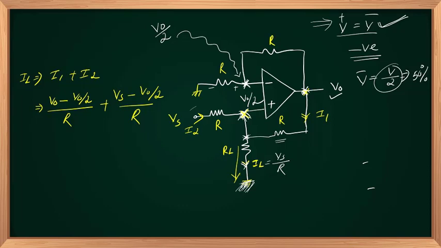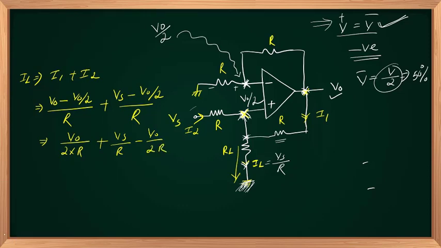So V out minus V out by 2 will be V out upon 2R, plus Vs by R minus V out by twice of R.